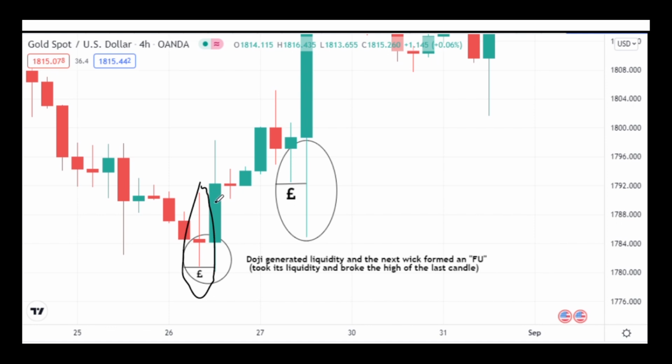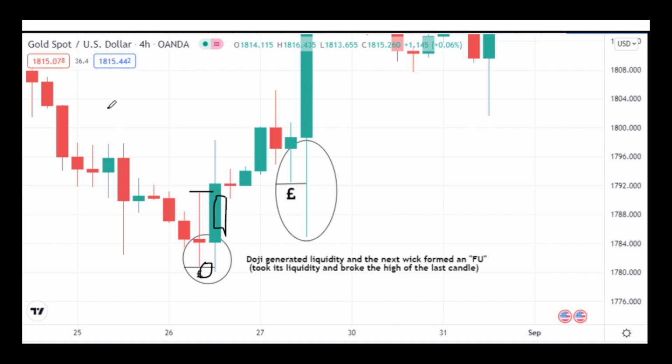Now the second candle, which is this green candle right here, you can see it actually wicked below this sell candle right here, then it broke the high, right? It broke the high, or it actually broke structure after it had taken the sell side of this doji candle right there.